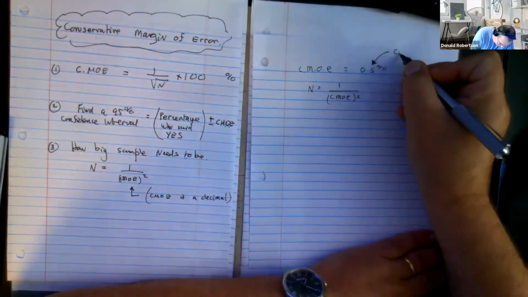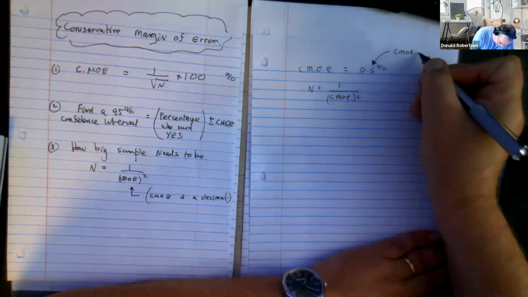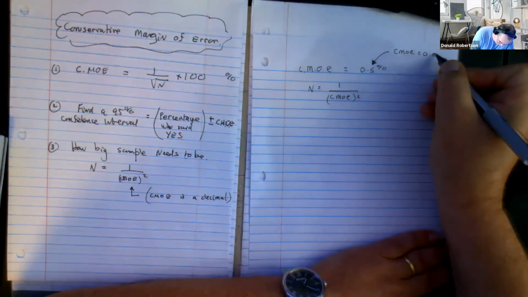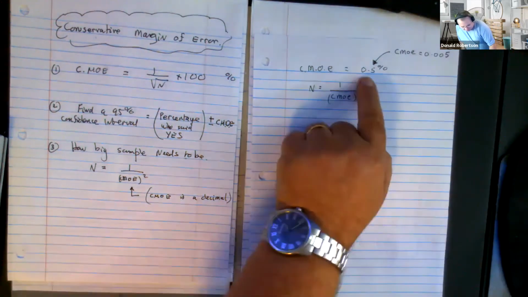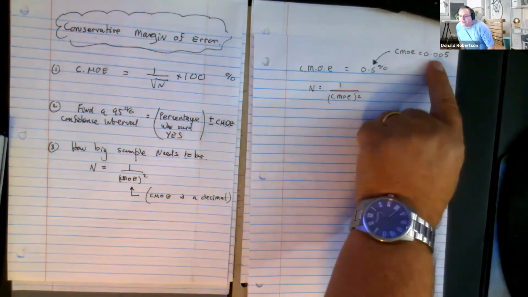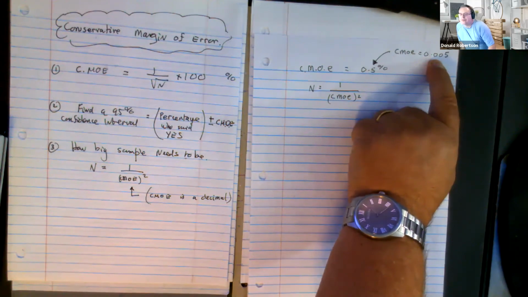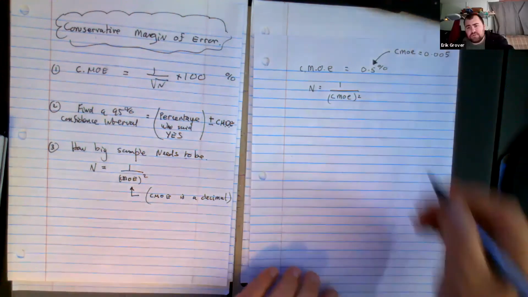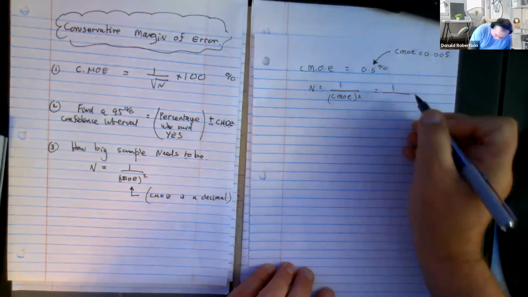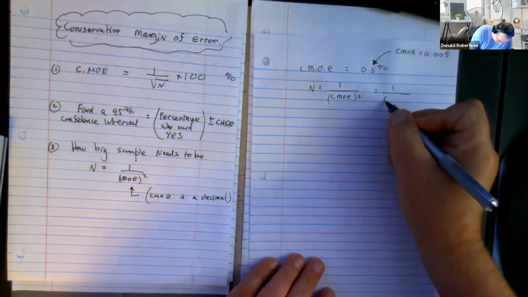The conservative margin of error that we are going to use is what that guy looks like as a decimal. How do you get 0.5% and convert it into its decimal or proportion version? Move the decimal to the left 2 places. Correct, or divide by 100 is also correct.